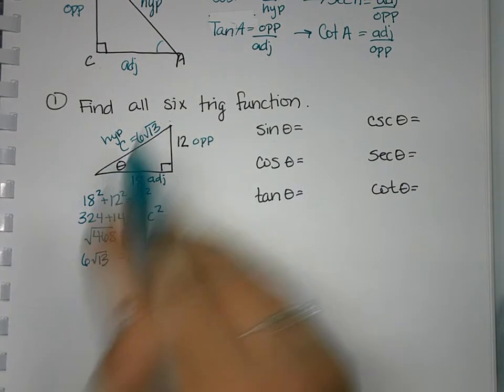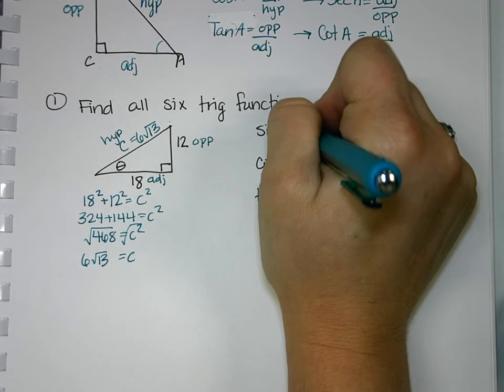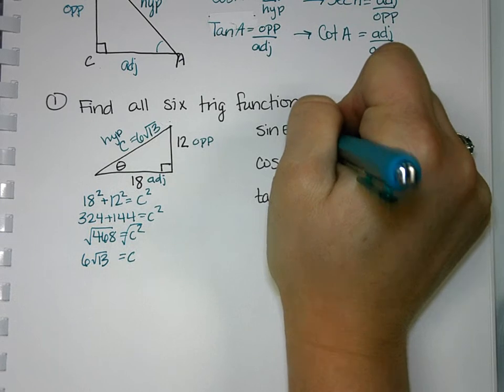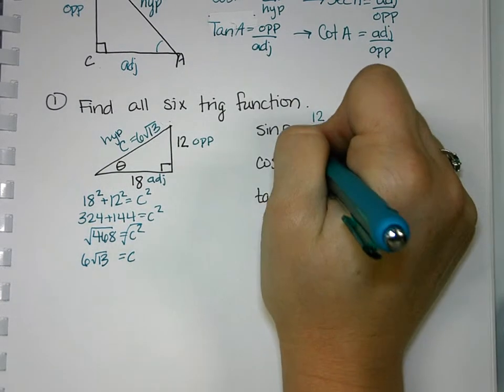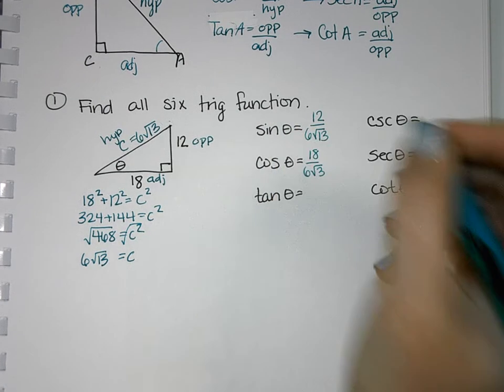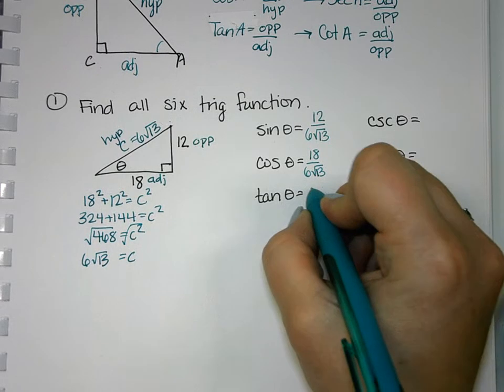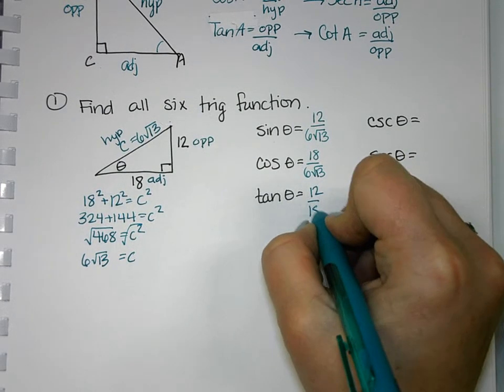So sine is opposite over hypotenuse. Cosine is adjacent over hypotenuse. Oops, 13. Tangent is opposite over adjacent.